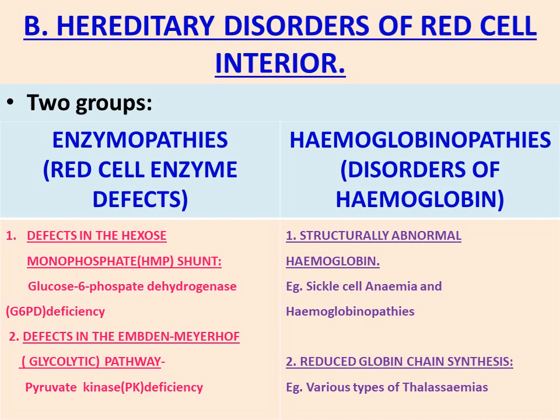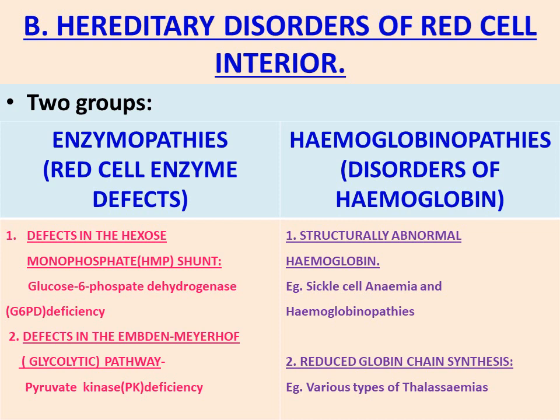Enzyme disorders are again of two types. First, defects in the hexose monophosphate shunt, the HMP shunt, where the enzyme glucose 6-phosphate dehydrogenase is deficient: G6PD deficiency.